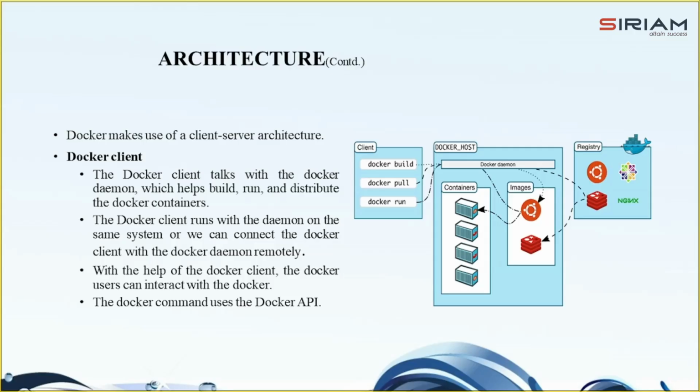Right? The second command in the Docker client is docker pull. This command is used to download Docker images from the Docker registry. And how does it work? When you run docker pull, Docker fetches the specified image from a remote repository like Docker Hub or a private registry and stores it on your local system.